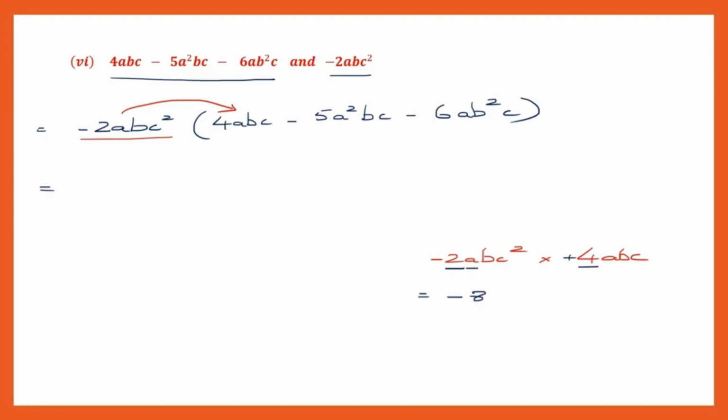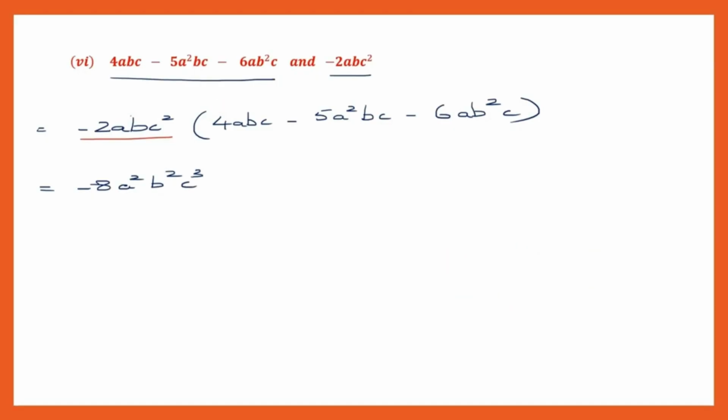Then the letters a, 1 here and 1 here. So a to the power of 2. We have b and b 1 each. So that will be b to the power of 2. C is c square here and c to the power of 1. So that is c to the power of 3. So what do we have? Minus 8, a square, b square and c cubed.